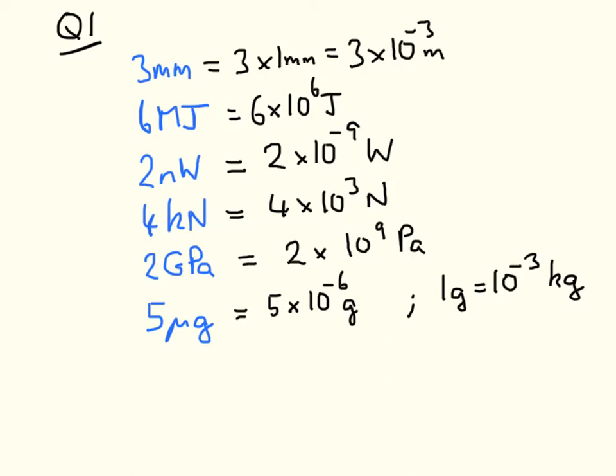So therefore, we have that 5 micrograms is equal to 5 times 10 to the minus 6 times 1 gram, which is 10 to the minus 3 kilograms.